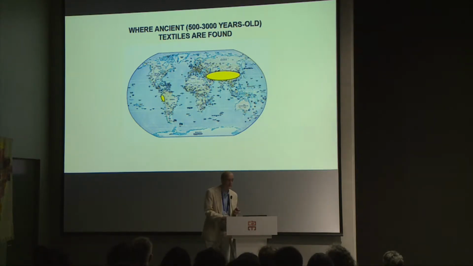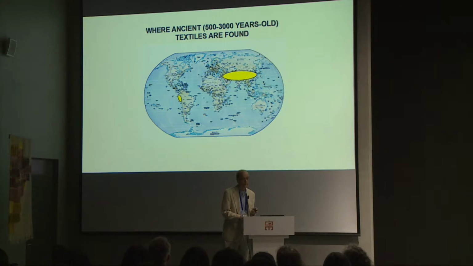The problem is that dyes, and textiles too, are organic compounds, and they tend to be decomposed by microorganisms. And all microorganisms need water, and in parts of the world that are humid, there's just not much left.